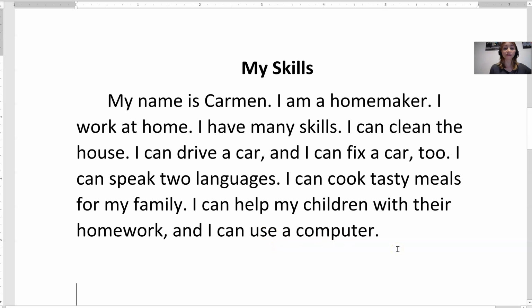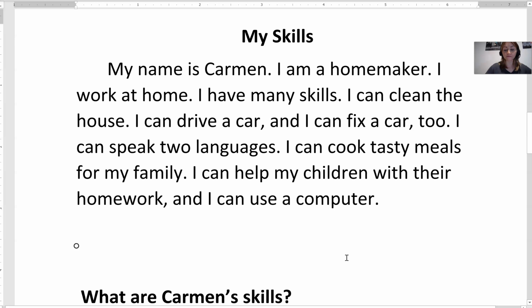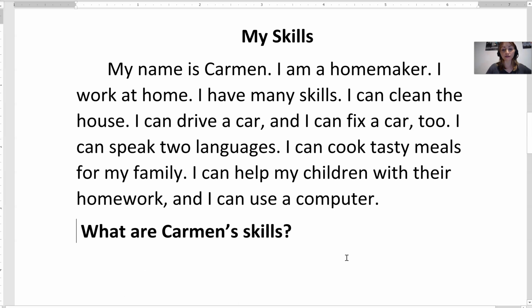Very nice. So here we see Carmen, she has many skills. So the question, what are Carmen's skills? Okay, so I'm going to use a highlighter. I'm going to show you in yellow what she can do. So what is her first skill? First skill is right here.